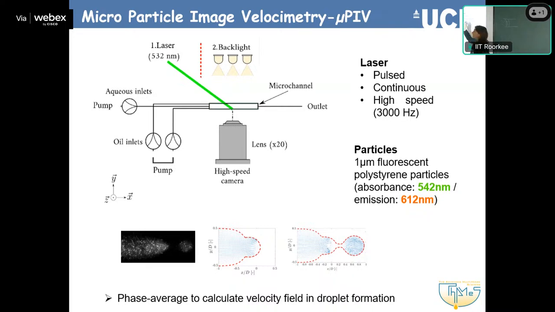So in the classical PIV, we have a laser that gives two pulses, very close to each other, with a very short time difference. The camera has two frames.